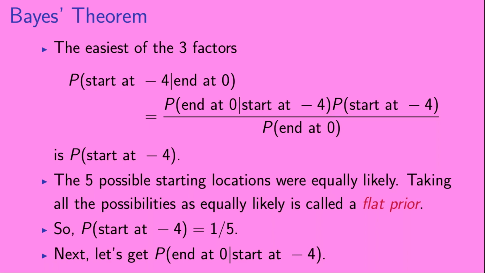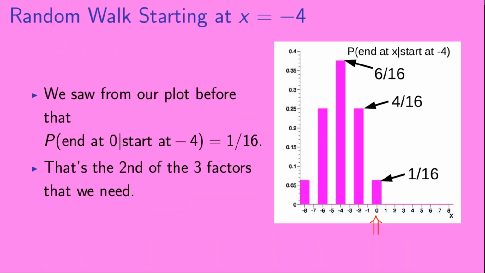Okay, next, let's get the probability that the object will end at 0 given that it started at -4. We saw from our plot before that the probability that the object will end at 0, given that it started at -4, was equal to 1/16.